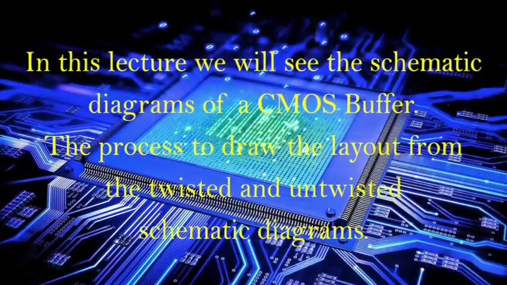In this lecture, we will see the schematic diagram of a CMOS buffer. Then we will convert the normal schematic to a twisted schematic, and then the process to draw the layout from these two schematic diagrams.